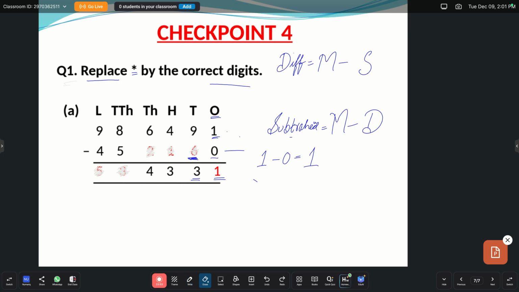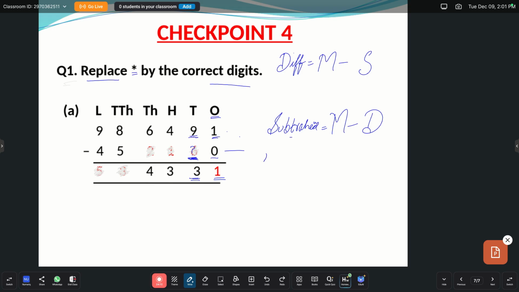Now we will move to tens column. See beta, in tens column, the digit of minuend is given, but the digit of subtrahend is not given, and the difference is given.